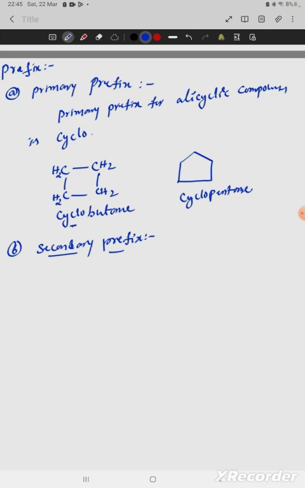Secondary prefix is about the substituent or branch. How are we giving the substituent here? This tells us about the substituents or secondary grade functional groups.